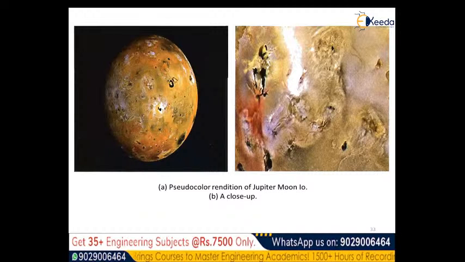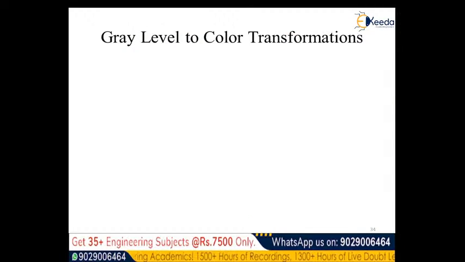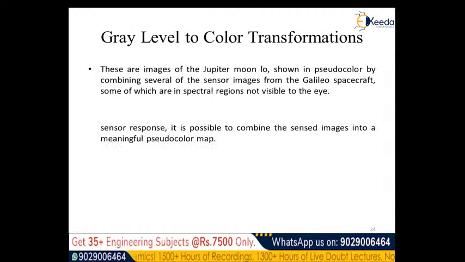These images are just for understanding this concept. You can complete your answer with the points we discussed here. Let me repeat the question: what is the significance of pseudocolor in image processing, and describe the two techniques relevant to it.